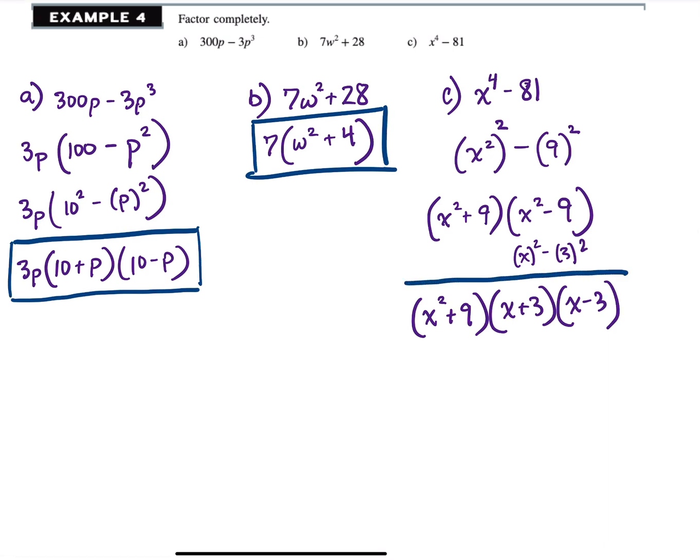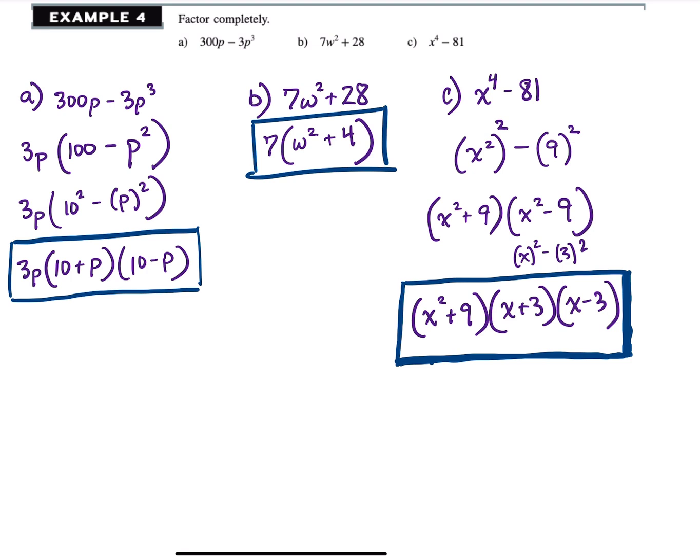So sometimes it's an iterative process, meaning we can keep going. Once we do some factoring, we can look at the result and see, can I factor it any farther? Can I apply some additional method or some other pattern in order to further factor what we have?